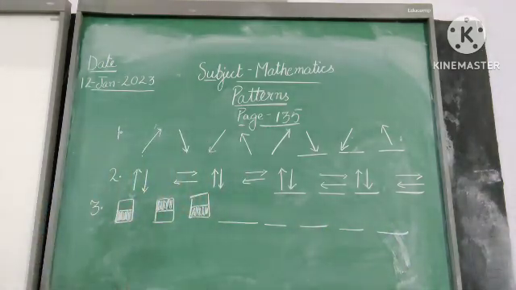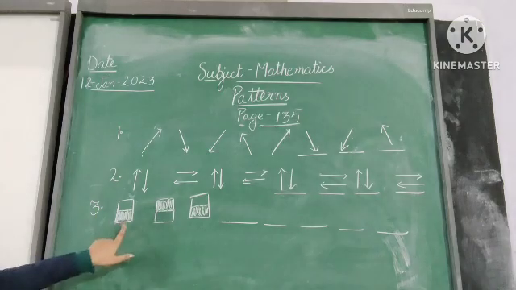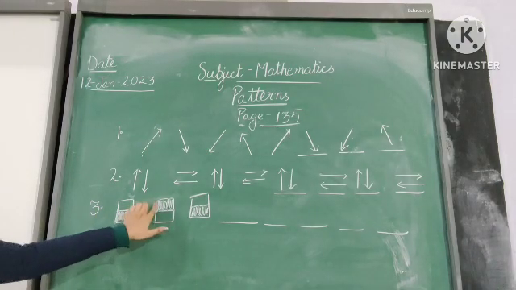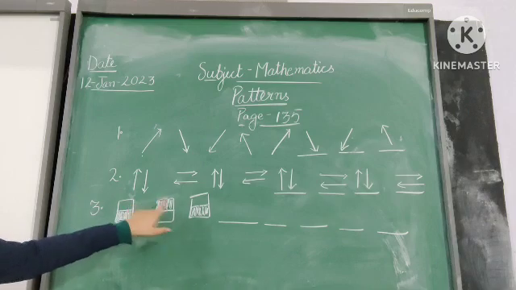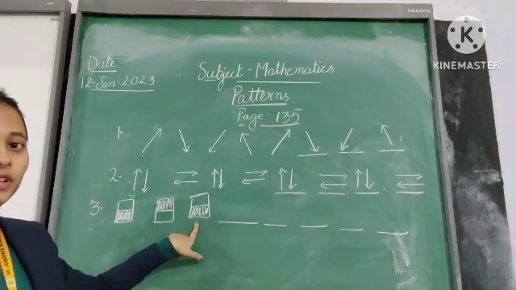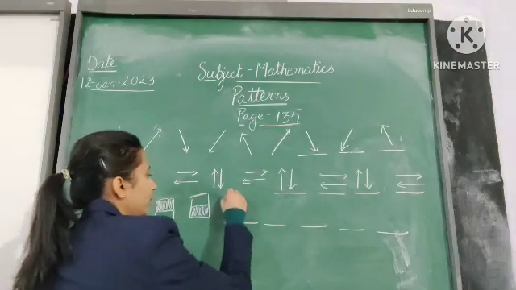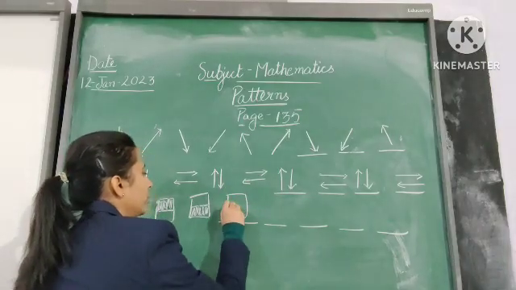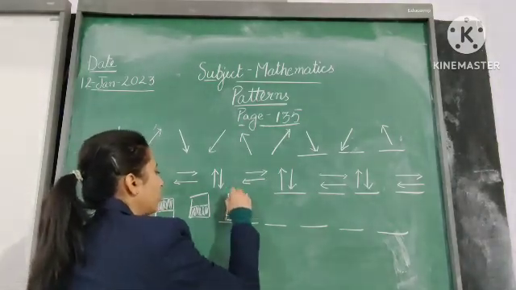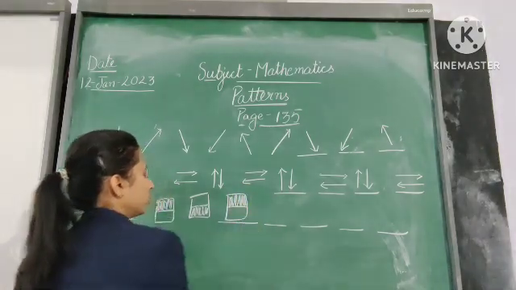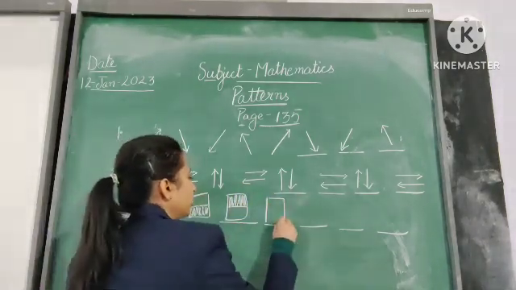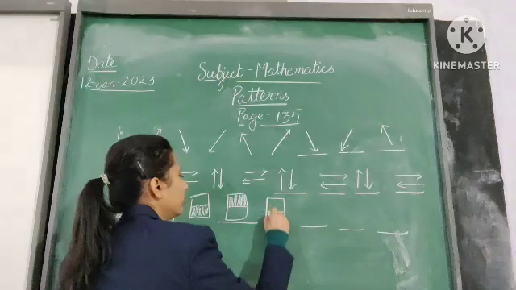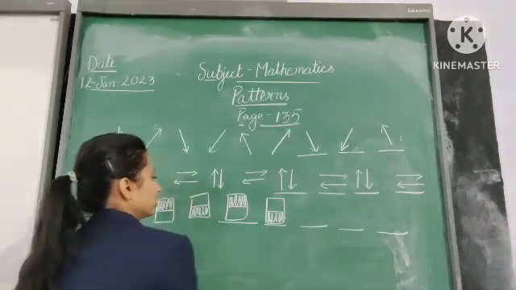Here in this pattern, once the bottom portion is filled with the color, then the top portion is filled with the color, then the bottom portion is filled with the color. Following this pattern, the next box will have color in the top portion. After that, the box will have color in the bottom portion.